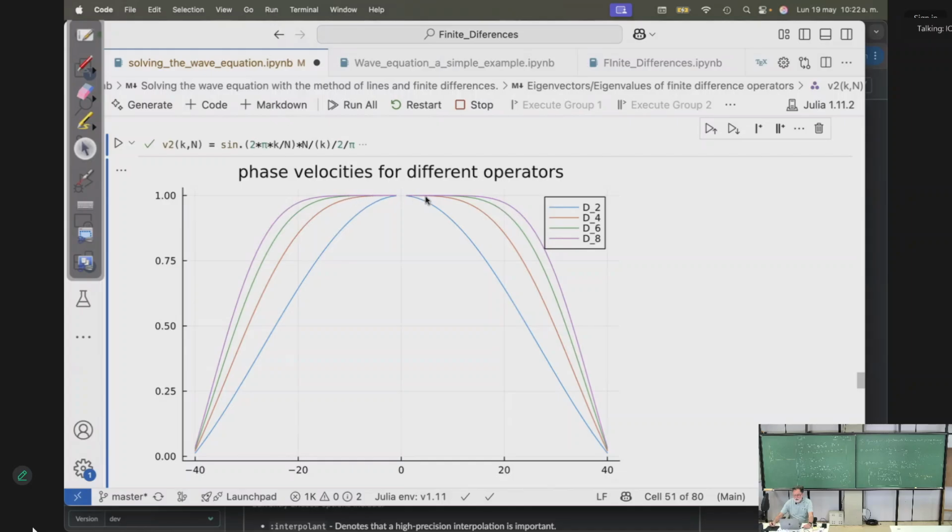But then when the frequencies grow, the D2 is pretty bad. But you can see that these ones, D8, D6, are very good. You can keep up to frequencies of order, say, 18 or so on each side. The fourth order is only good for, say, up to 5. So these other two are much better. But they have their problems also.